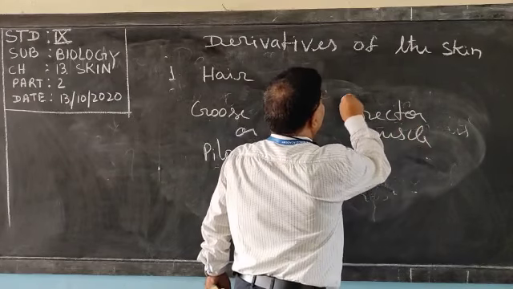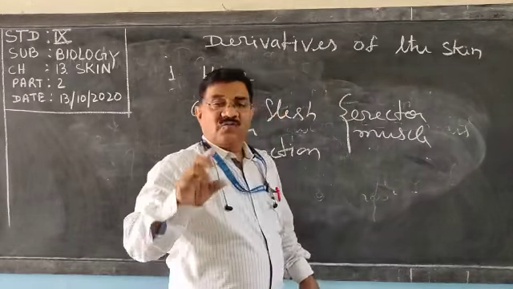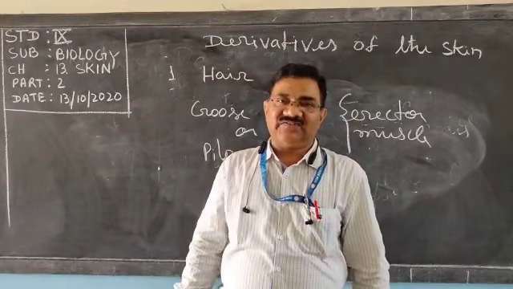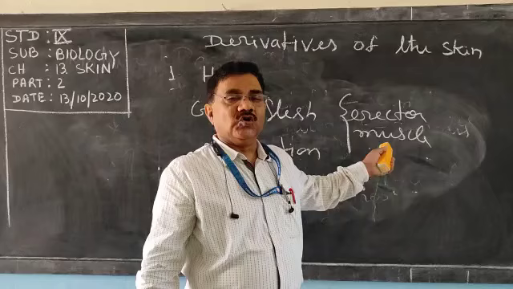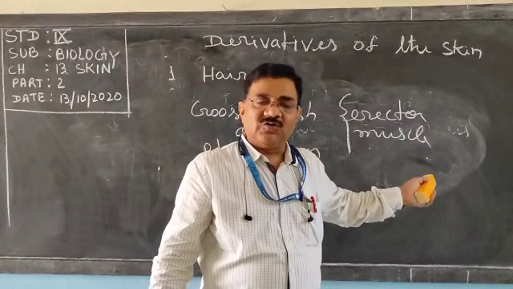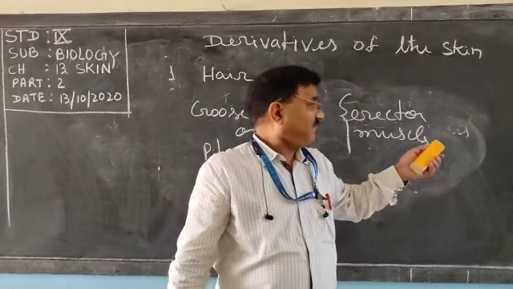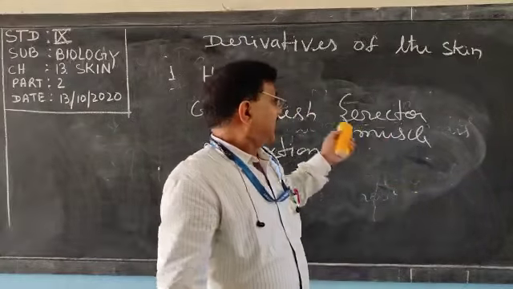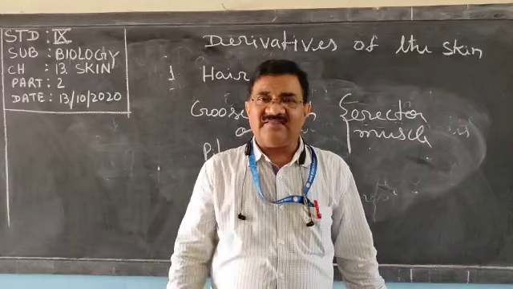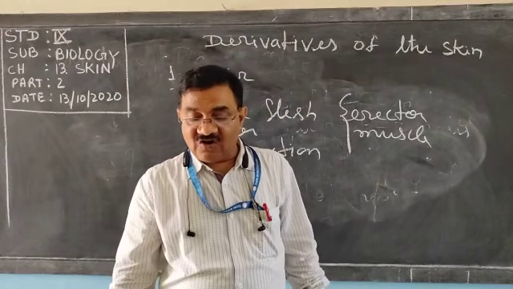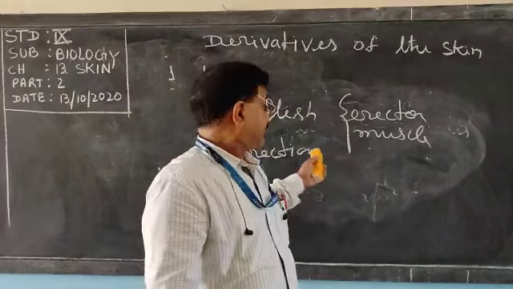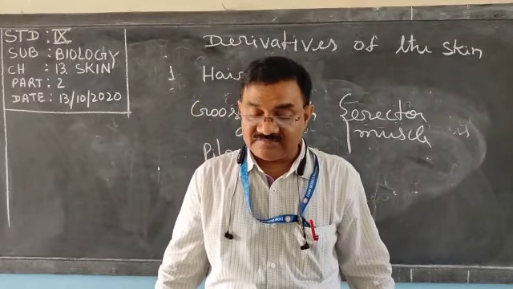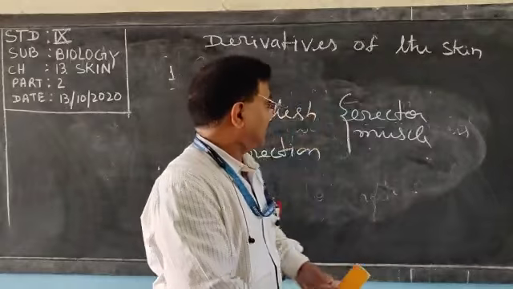This is the muscle which contracts or wrinkles the skin, either due to cold or emotion. If the skin wrinkles, the hair becomes straight, and that is called goose flesh or piloerection.